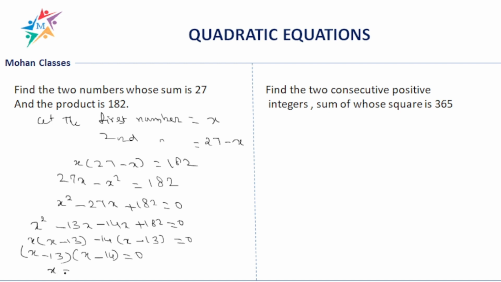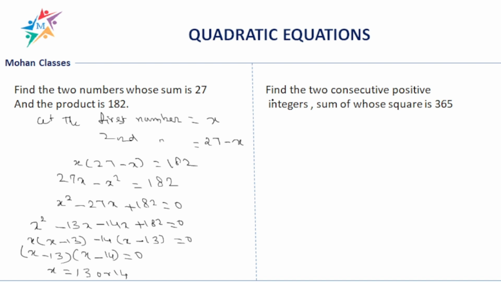Therefore x = 13 or 14. If the first number is 13, the second number is 14. Suppose you take 14 as the first number, then the second number is 13. So the answer is 13 and 14, or 14 and 13, whichever you take.